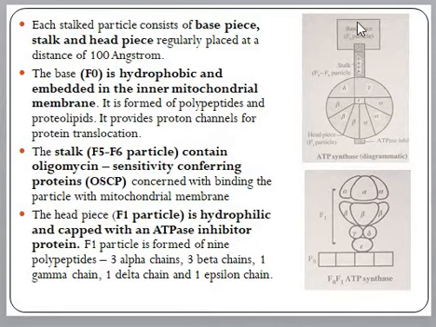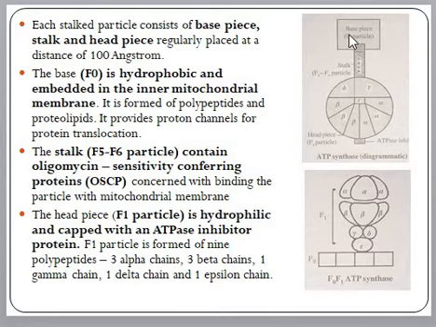See the diagram. They have a base piece, a connecting stalk piece, and a head piece. These three pieces are 100 angstrom apart: from base piece to stalk is 100 angstrom, then stalk piece to head piece is 100 angstrom.